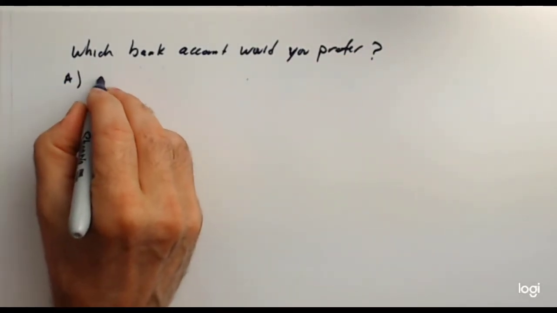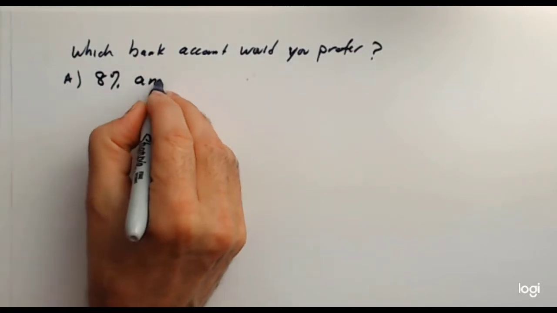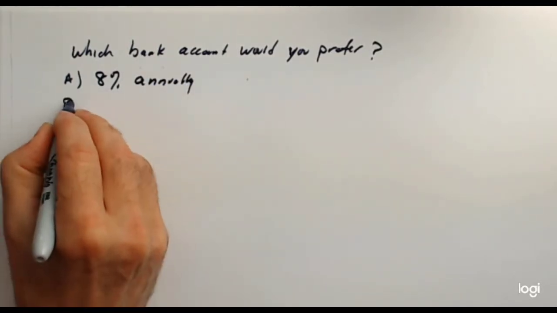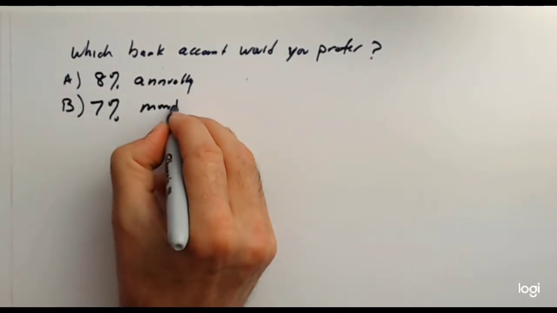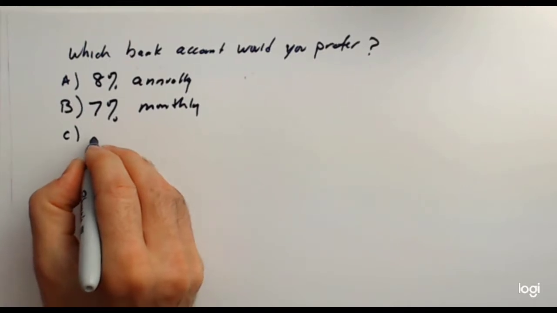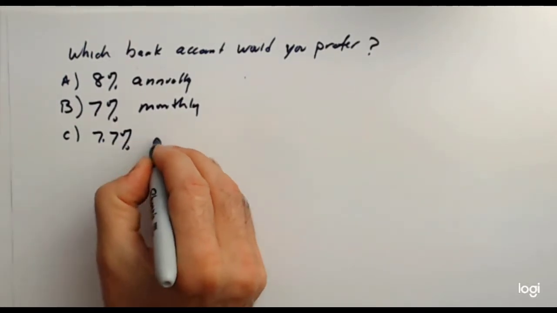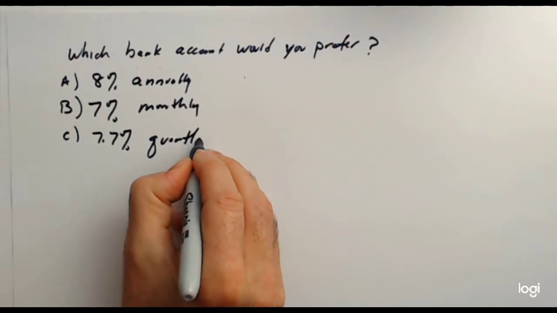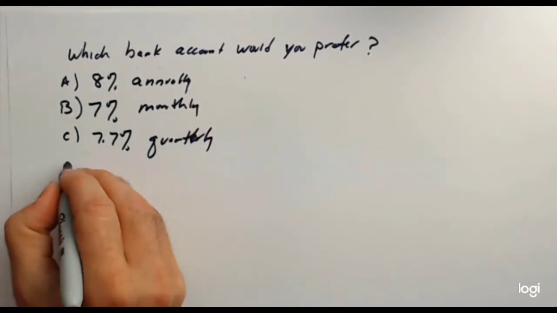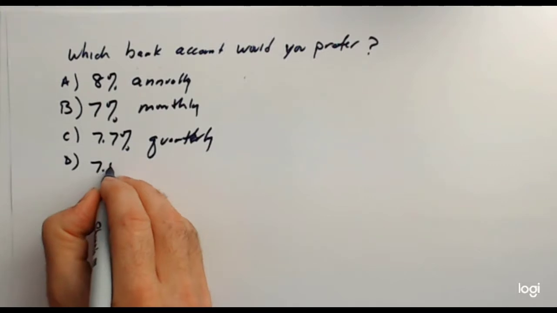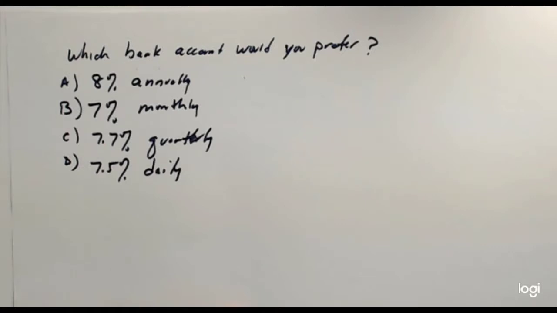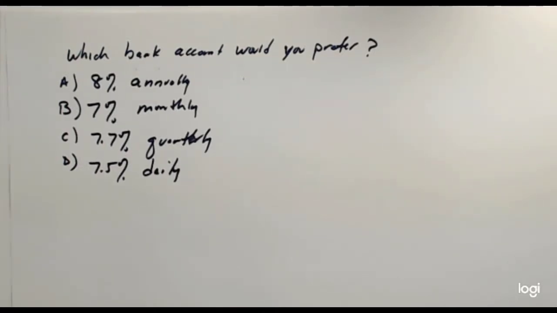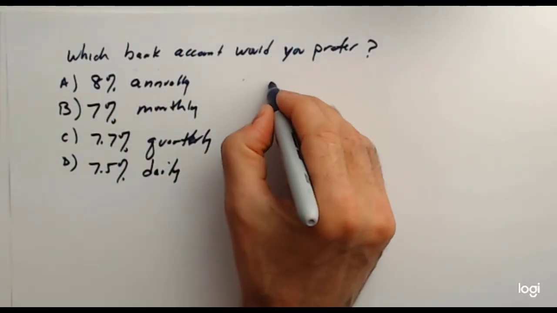A, 8% compounded annually, or B, 7% monthly, or C, 7.7% quarterly, or 7.5% daily. Which one would you rather have? Which is the best account for you? The way to do this is to compare the effective annual interest rates. Use this formula.